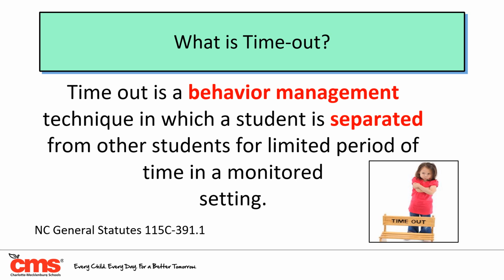Timeout is a behavior management technique in which a student is separated from other students for limited periods of time in a monitored setting. For example, a student may be asked to step out in the hallway. A student is moved to a desk in the back of the room while other students are still with the whole group in the front of the classroom.